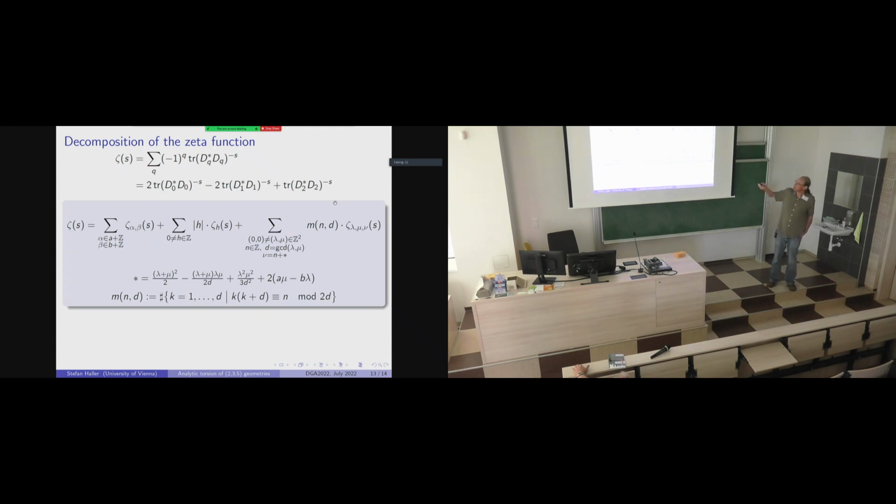In particular, the contribution from d naught star d naught is the harmonic oscillator. We know the spectrum of the harmonic oscillator explicitly. If you look at the zeta function, it's just the Riemann zeta function. And then you can work out this sum here too.